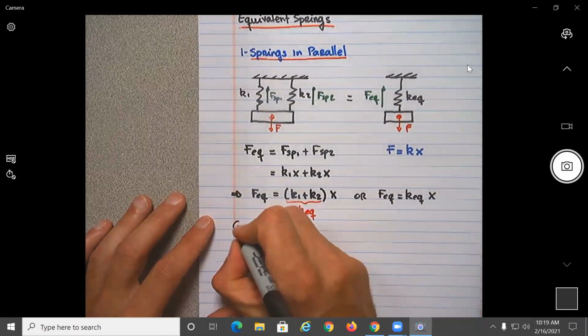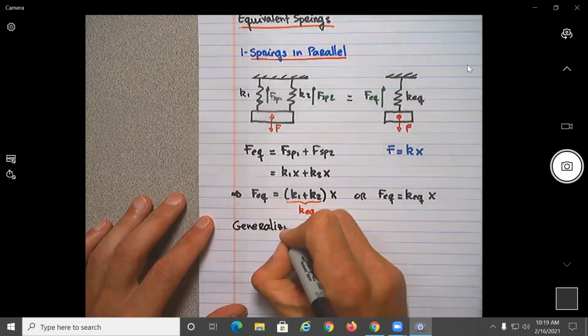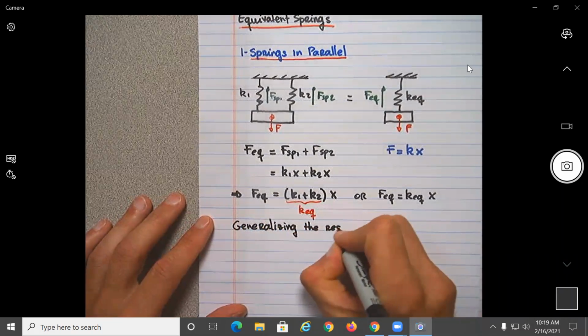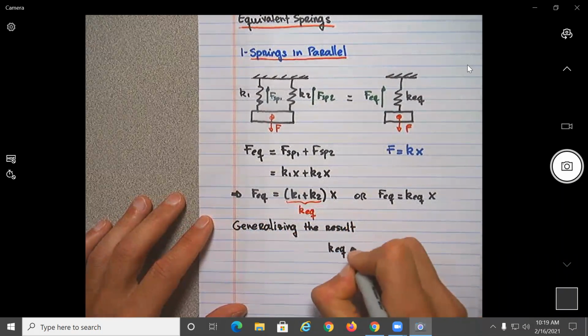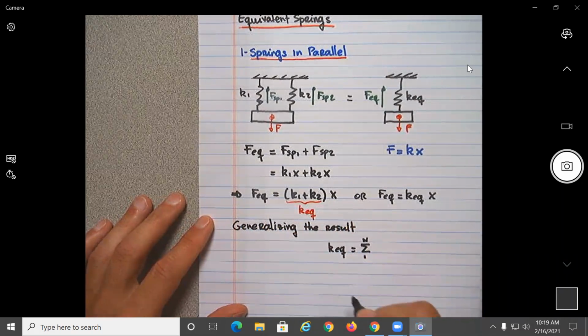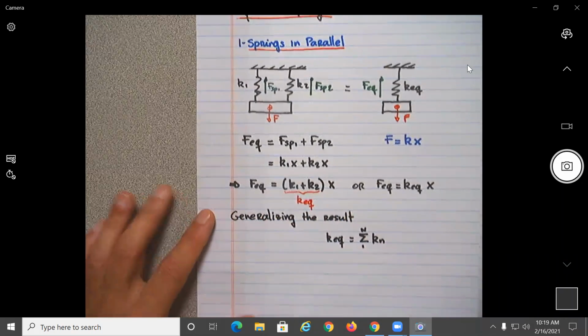So generalizing the result, we have what? K equivalent will be equal to the summation of all the springs.